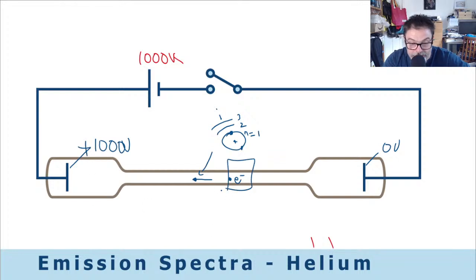So this is going to accelerate, and very soon it will have enough kinetic energy to excite one of our helium atoms. And if that happens, that helium atom will become excited, the electron goes up and it falls back down a bit later on, and off comes a photon. So as long as you've got some electrons hanging around inside this tube, then you can accelerate those electrons because of the attractive force and cause them to excite the helium atoms and therefore glowing.